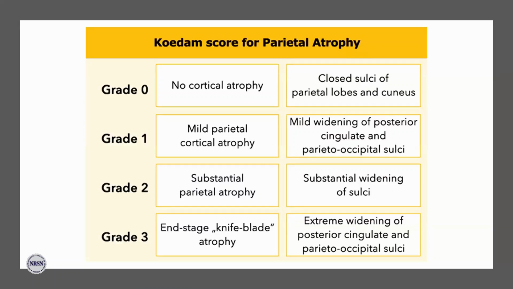Now, a grade of 0, there's basically no cortical atrophy, or the sulci as seen on the image are closed. So both for the parietal lobe and the cuneus are closed. Grade 1 is mild parietal cortical atrophy. Grade 2, substantial parietal atrophy. Grade 3 is an end-stage knife blade atrophy that is seen as extreme widening of the posterior cingulate and parieto-occipital sulci.